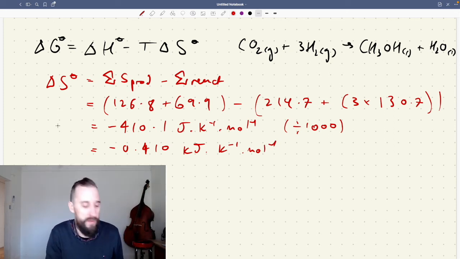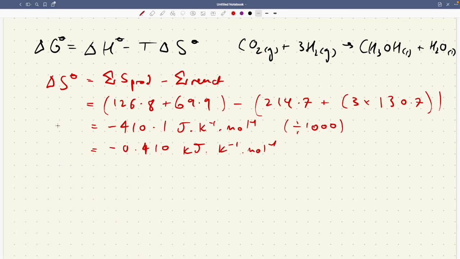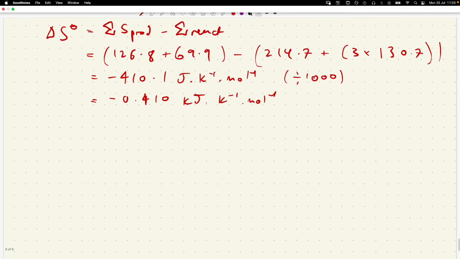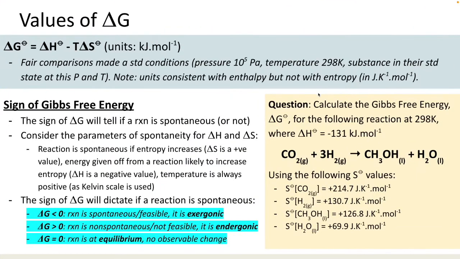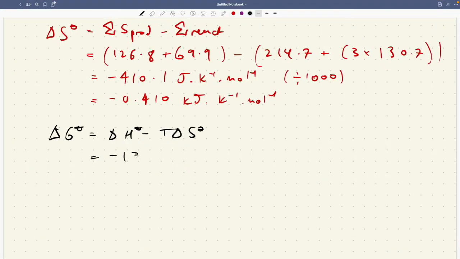Now it's just a matter of plugging in the rest. So our delta G is equal to delta H minus T delta S. We have a value for the enthalpy change, which was given to us, minus 131.